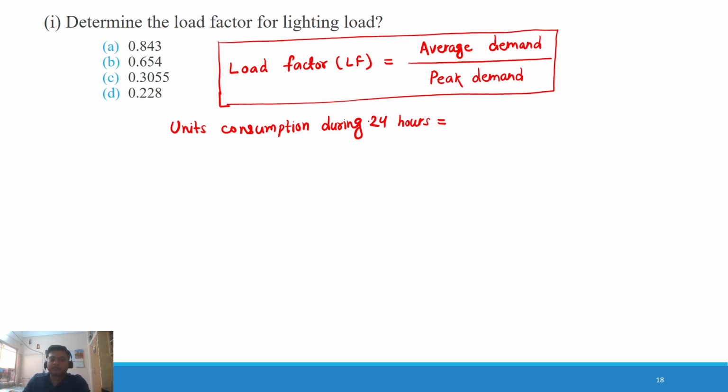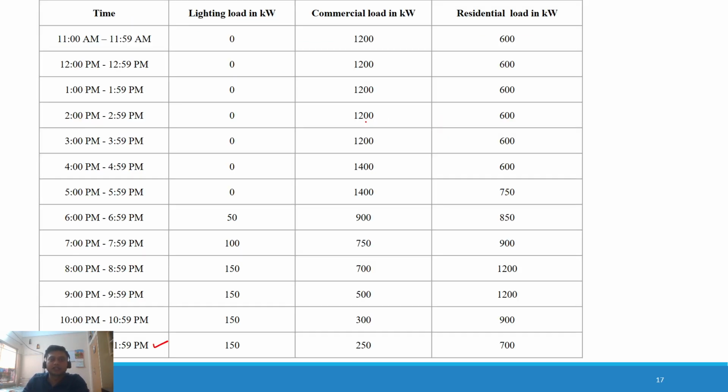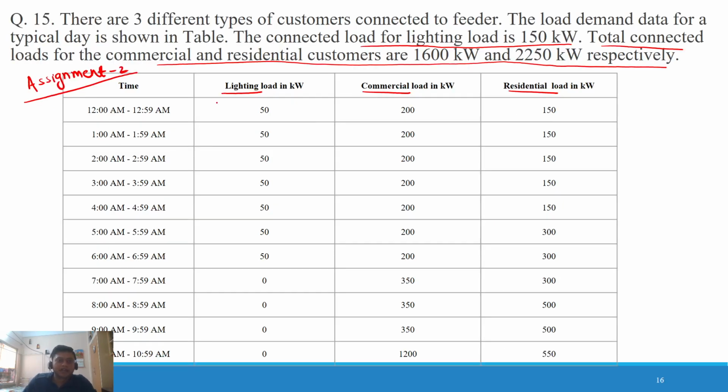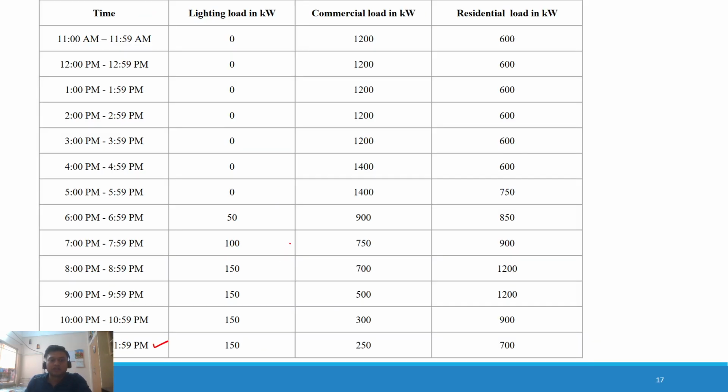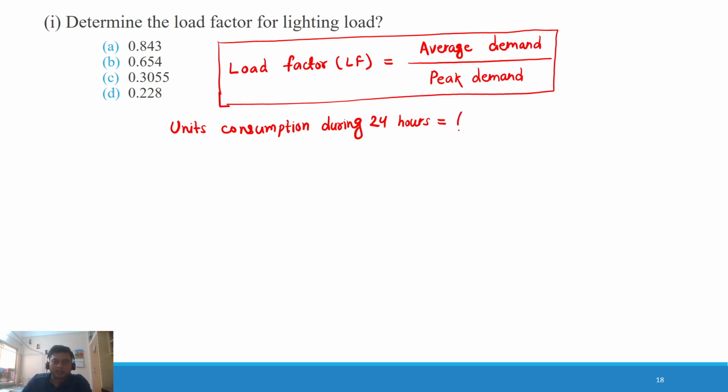So let us see how the table varies for lighting load. We can see that it starts from 50 kilowatt for 1 hour, 2, 3, 4, 5, 6, 7. For 7 hours, lighting load demand is 50 kilowatt.